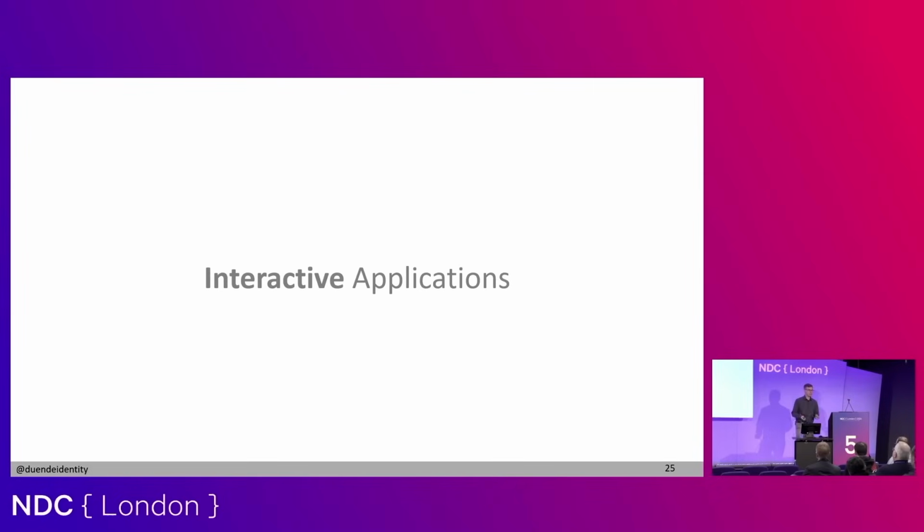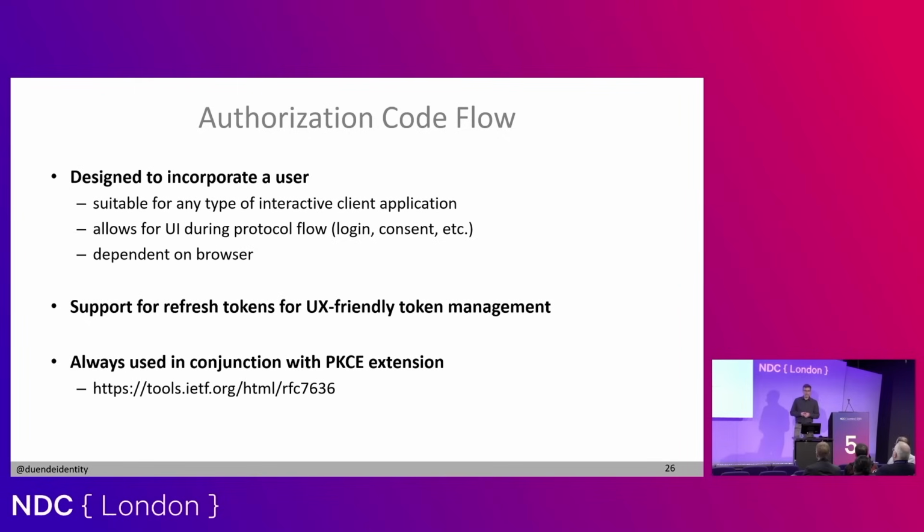So of course, there is more to it when it comes to interactive applications. So when we have an interactive application, we need a token that not just proves what client it is that is calling. We also need to prove who the user is that is logged in, so we know what data we are allowed to access.